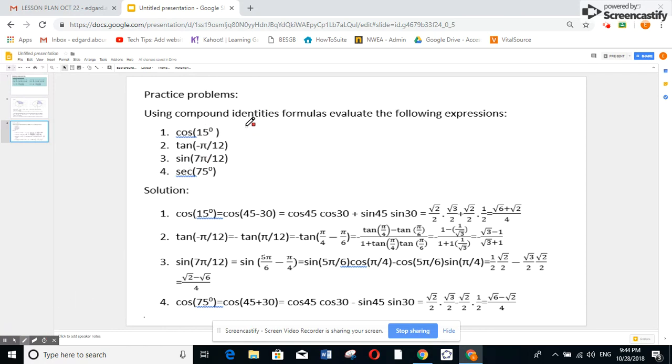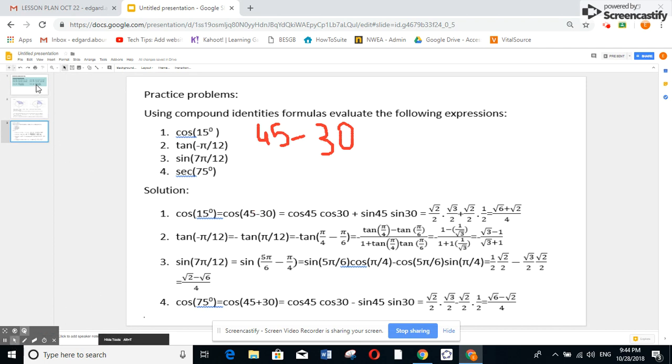I'm going to ask myself, I want a sum or difference of two remarkable angles so that I will get 15. The easiest one is 45 minus 30. 45 is a remarkable angle and 30 is a remarkable angle. So cosine 15 is cosine of 45 minus 30.